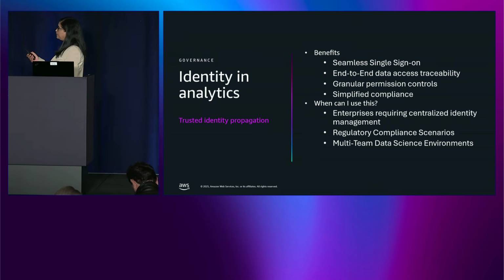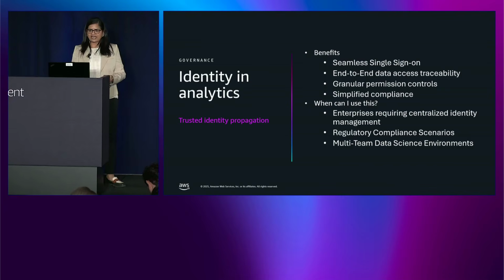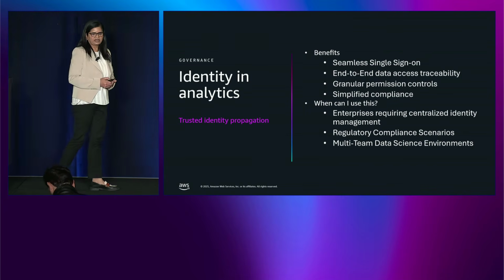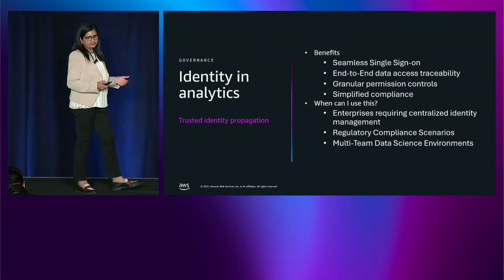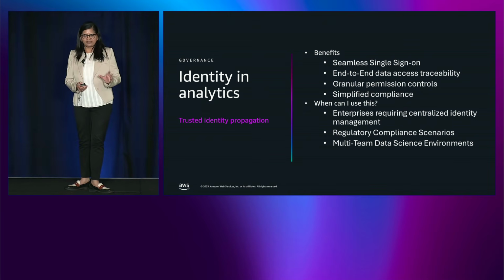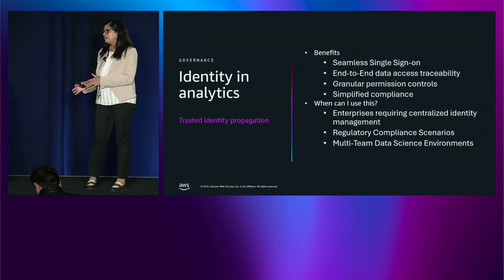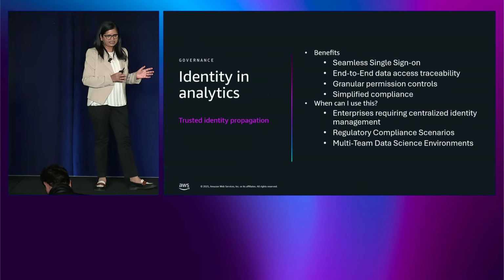You have end-to-end traceability for the user actions, which means that you have comprehensive AWS CloudTrail logging that captures all activities from interactive JupyterLab sessions to the background processing jobs that are running on EMR, Glue, and Athena.